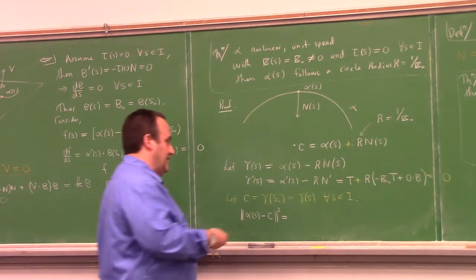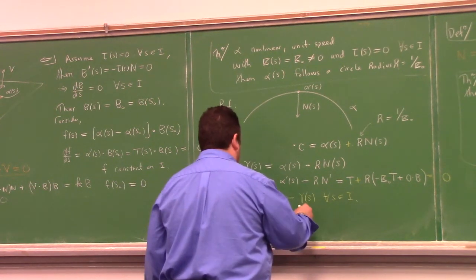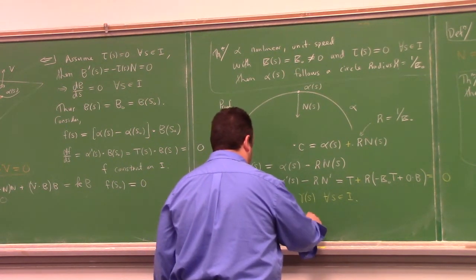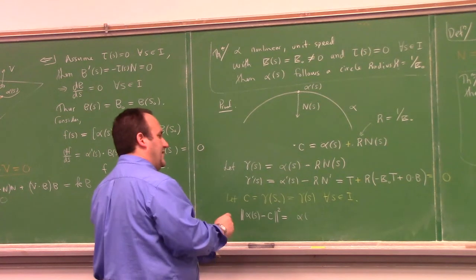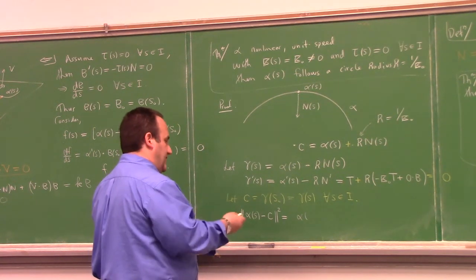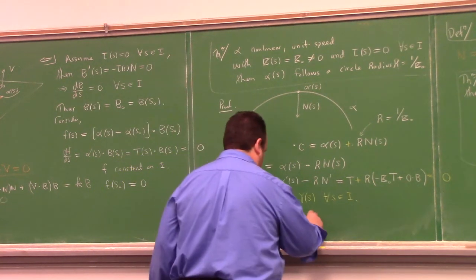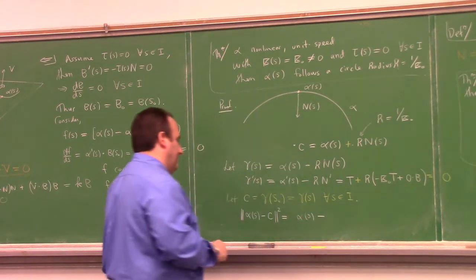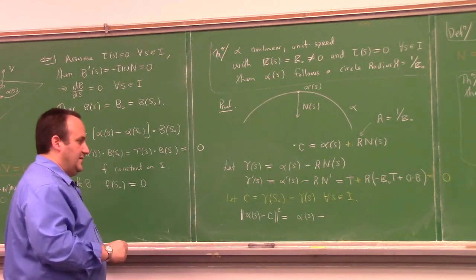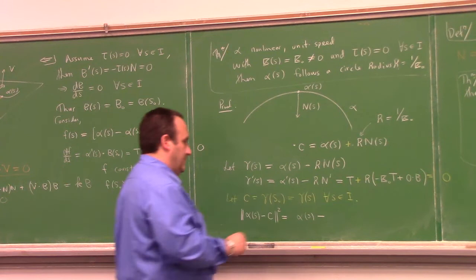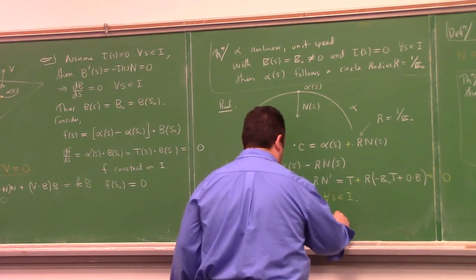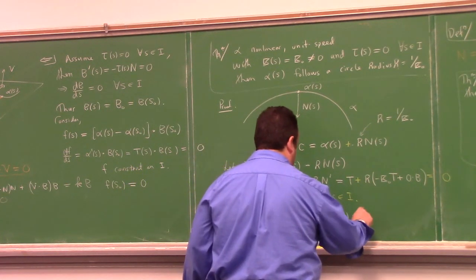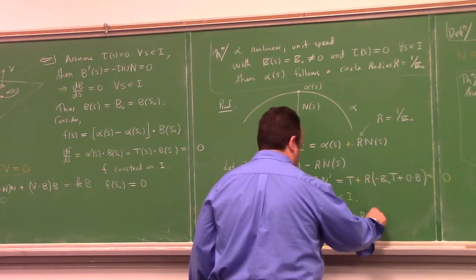Now, this is actually alpha of s. So that's actually alpha of s minus what? C was equal to what? It was equal to alpha prime of s plus r n prime.